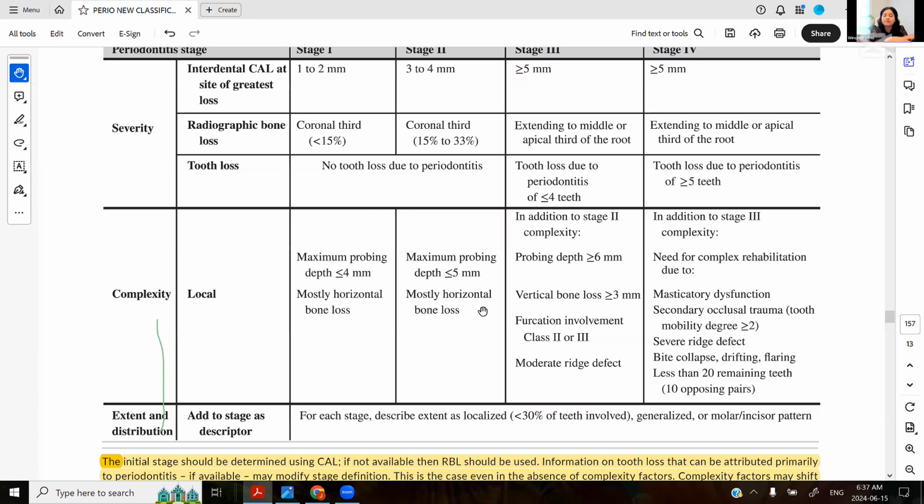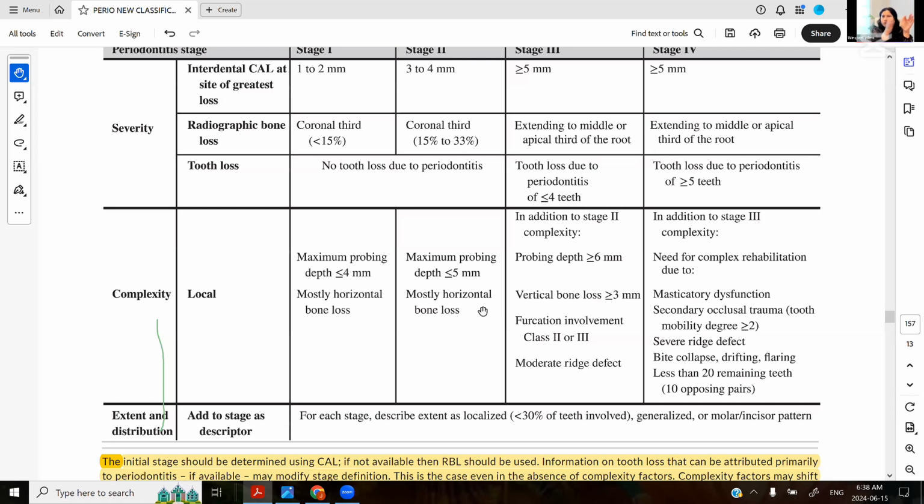And it would be less than 4 or up to 4 in stage 3 or 5 or more in stage 4. Simple. So attachment loss 1 to 2, 3 to 4, then 5 and 5. And number of teeth loss, nothing in 1 and 2, and in 3 and 4 it is either 4 or 5 and above. Does that make sense?